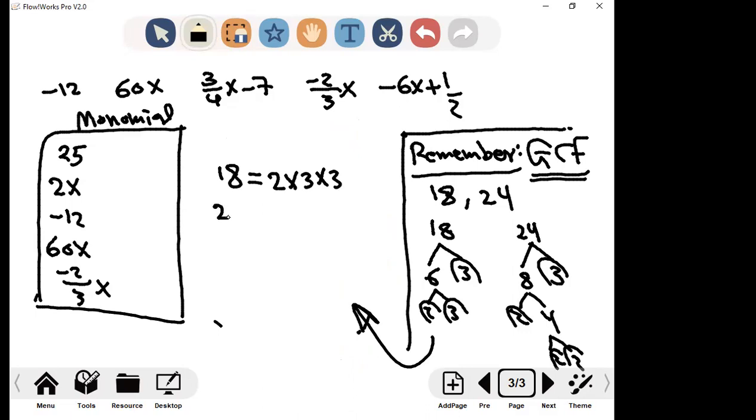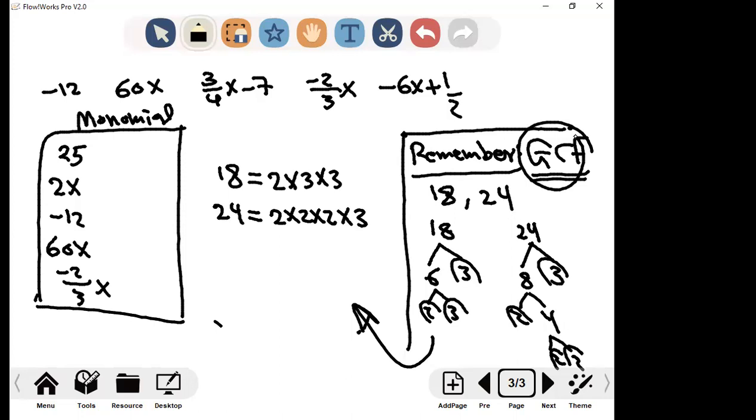The 24 equals 2 times 2 times 2 times 3, right? Remember this?